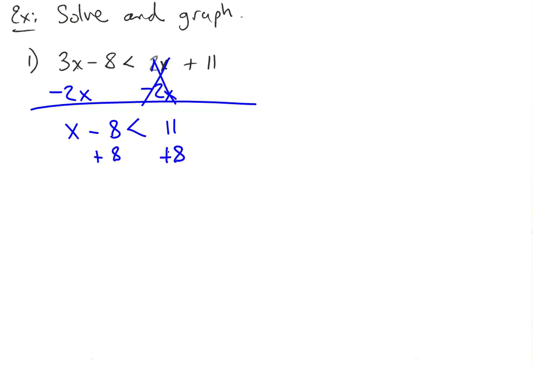Of course, I've got to do it to both sides. So the 8's cancel on the left side, giving us just an x over there. And then we keep the inequality symbol as it was, the less than. So now the alligator is still eating the right side, and on the right side we have 11 plus 8, which is 19.